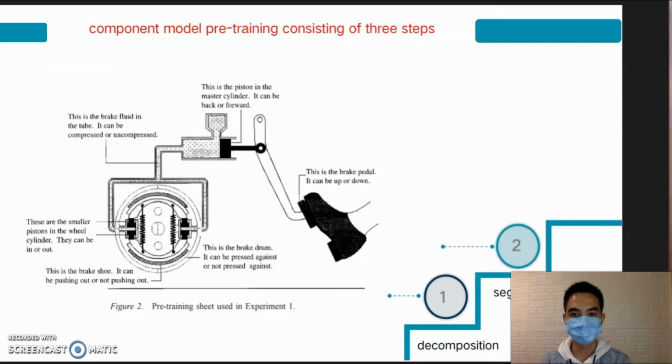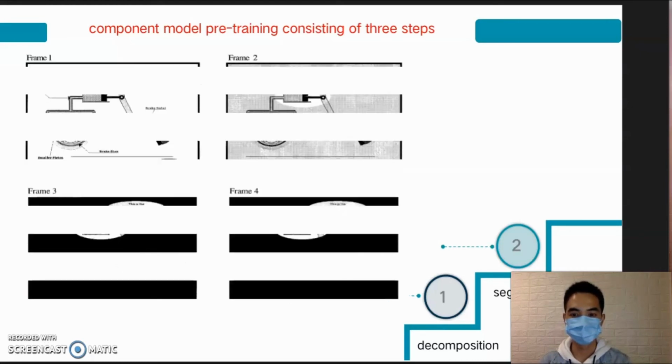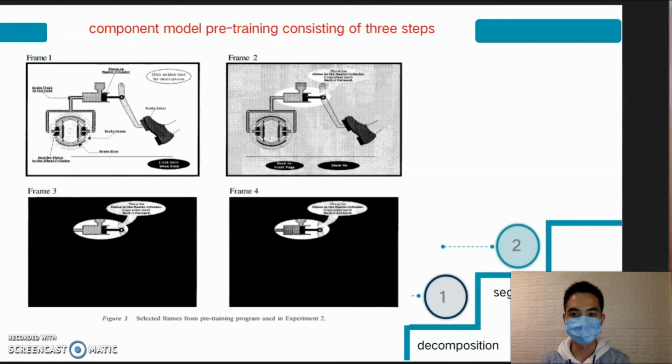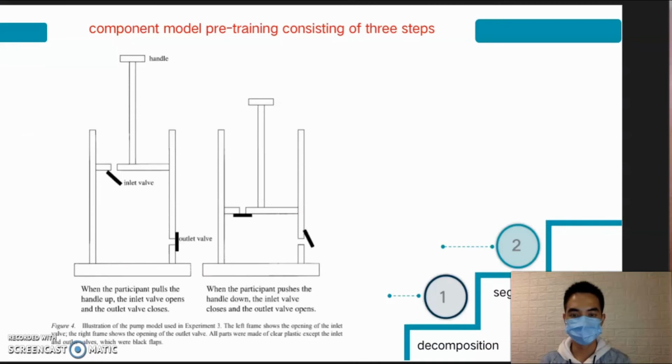For instance, labeling in a paper-based diagram in Experiment 1, highlighting in an on-screen diagram in Experiment 2, concretizing in a concrete model in Experiment 3. Step 3 is to represent the state change that can occur in each component.